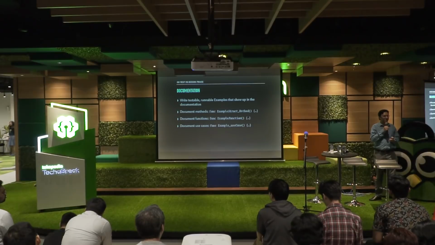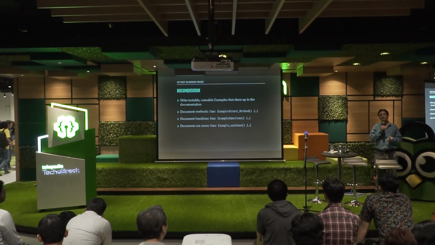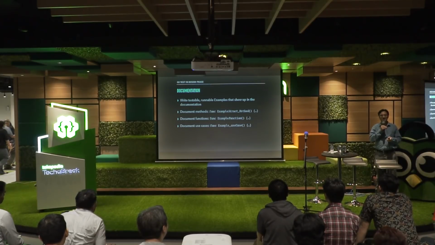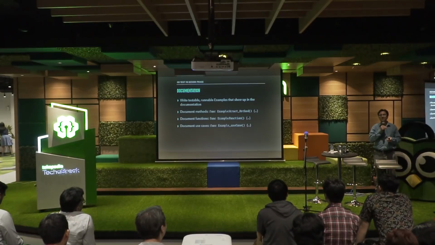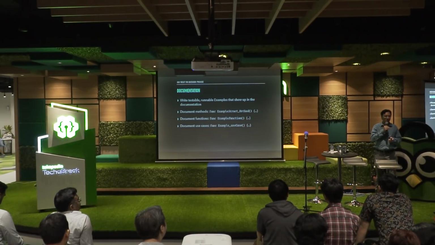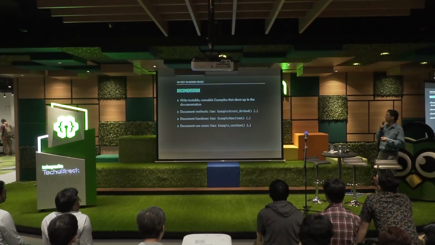Then the next thing it helps in is documentation. Go test actually allows you to write examples, actual running examples, and those examples show up in the auto-generated documentation. All you need to do is, in your test file, implement functions that start with the keyword example.